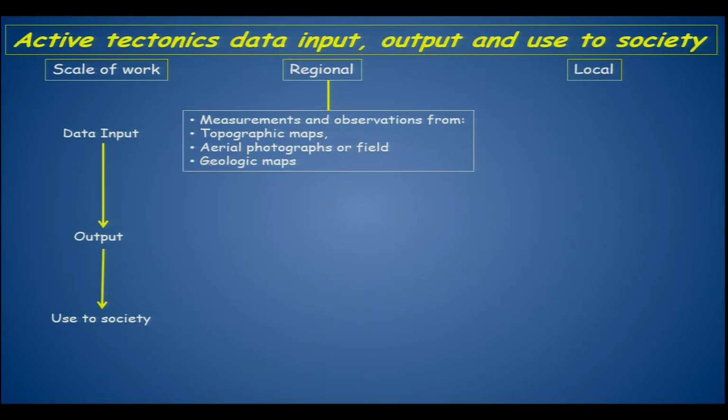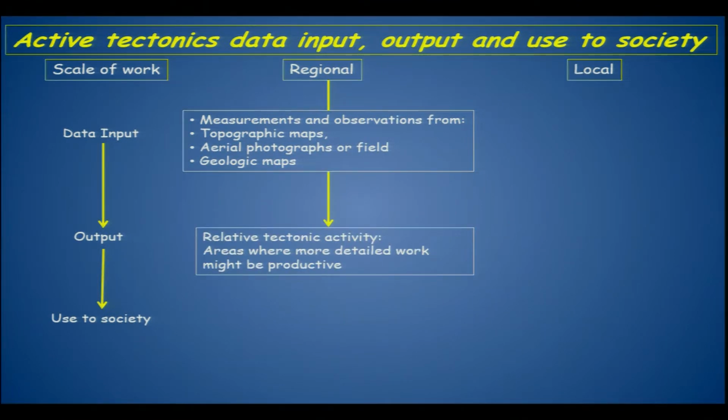And then there are the existing geological maps that you can use, and the topographic maps will usually be helpful in telling what type of landscape you are looking at. Then based on that, the output will be the relative tectonic activity you can understand, and areas where more detailed work might be productive.